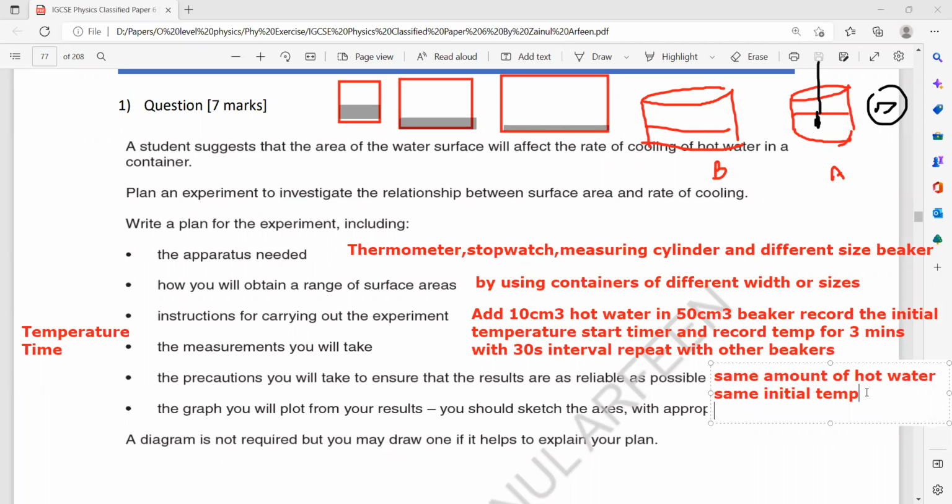Same time interval, same thermometer, or same position of the thermometer is okay. A very important part is the same room temperature, the surrounding temperature. The parameter which should be kept constant is the same room temperature or the lab temperature, as we are doing it in the lab. If you mention 3, that is enough.